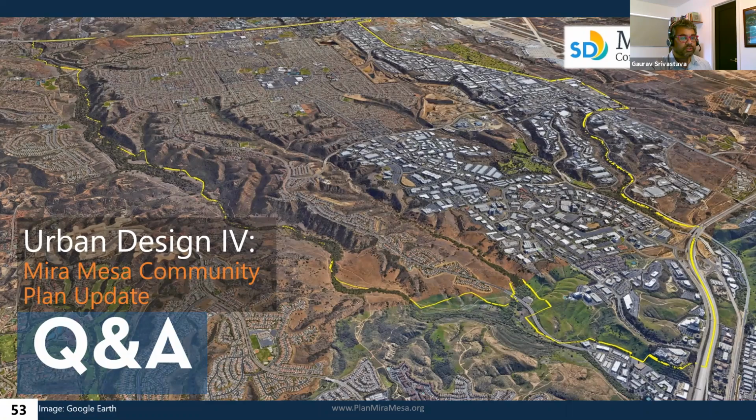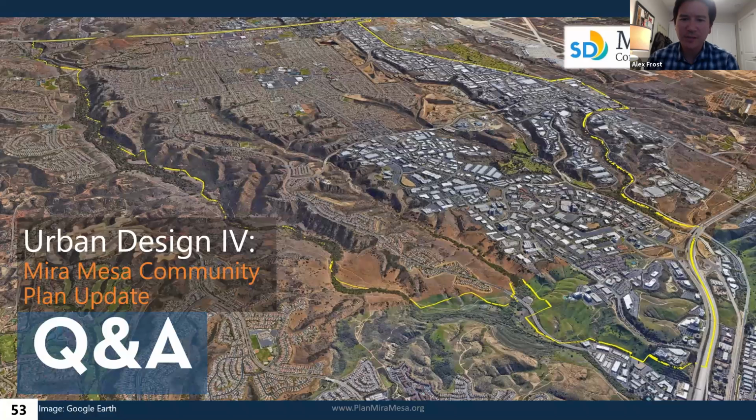Alex, do you want to address the safety of pedestrians and bikers going east over 15? So the question is, what about the safety of pedestrians and bikers going east over 15? This has come up quite a bit. We are looking at enhancing connection and expanding the bikeway under the 15.